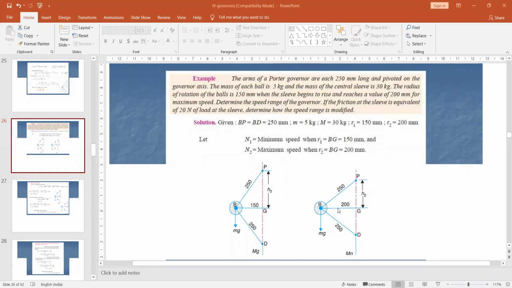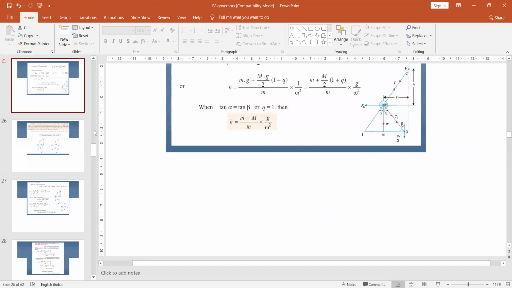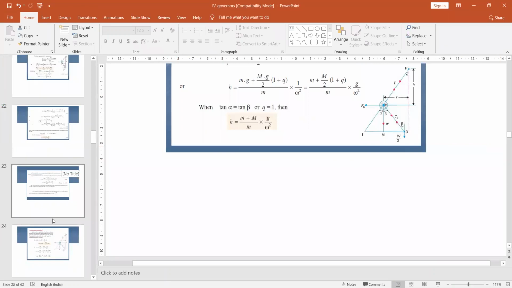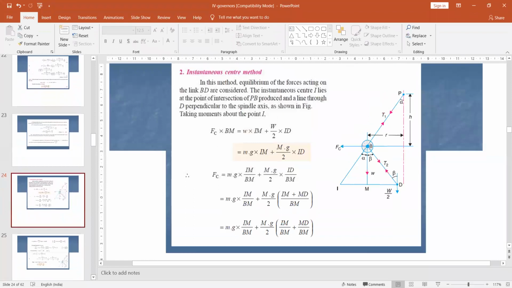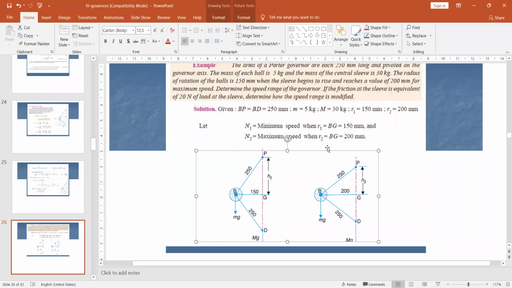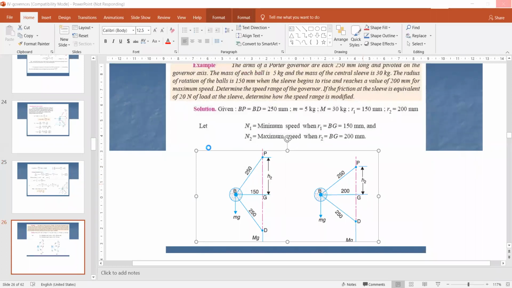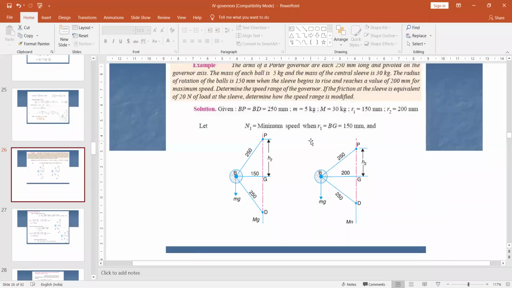R1 is 150 mm and R2 is 200 mm. N1 is the minimum speed when R1 is 150 mm.